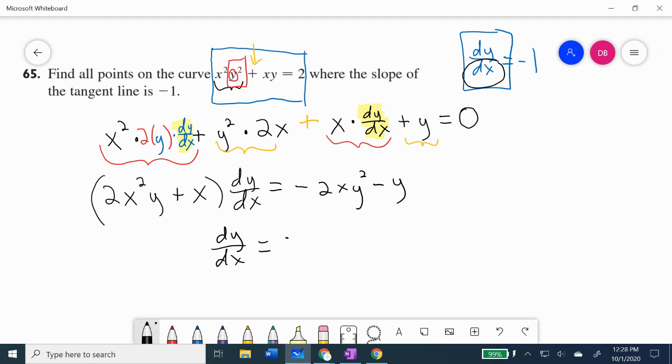I'm going to pull that negative sign out, and then it is 2xy squared plus y, and then that will be divided by the 2x squared y plus x. I'm going to leave it there.